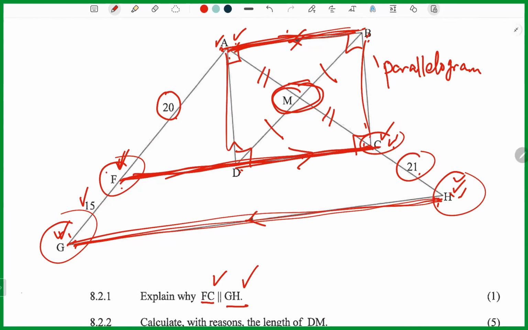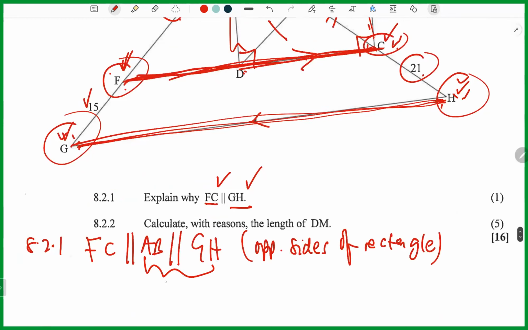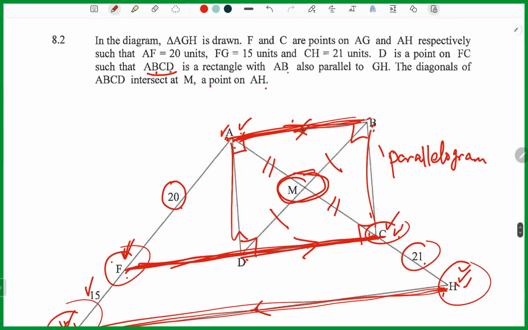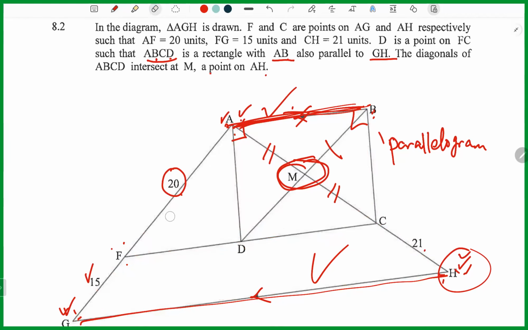Because it was given. So AB parallel to GH, which is given there. All right. We're good. The diagram has become a bit untidy, so let me clean it up.